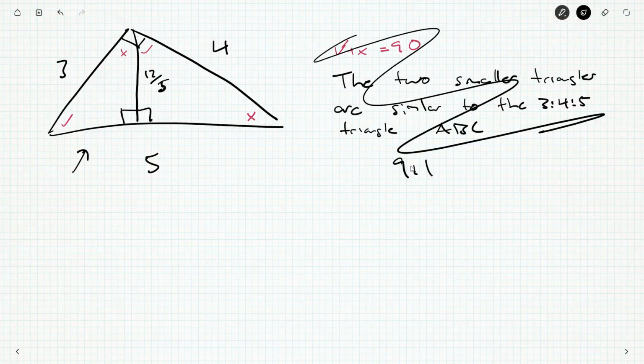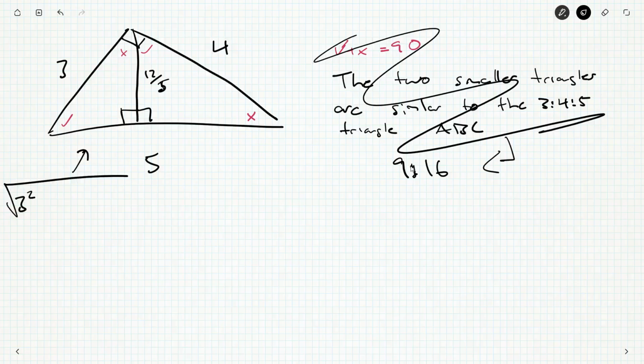So I'm just going to say 9 to 16 is the ratio, and that would be one or two extra sentences there. But we could also just compute their areas directly, because this is going to be the square root of 3 squared minus 12 over 5 squared, and this is going to be the square root of 4 squared minus 12 over 5 squared.